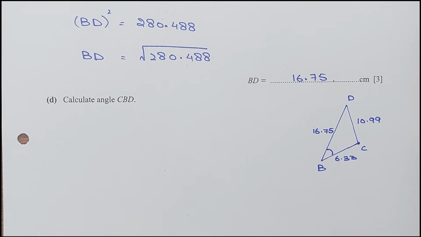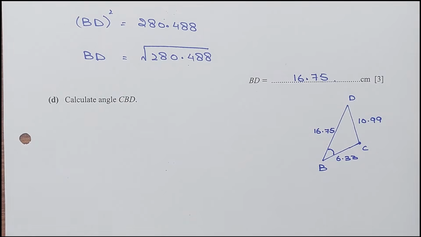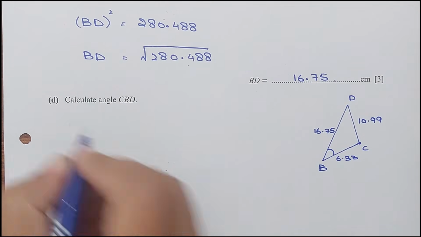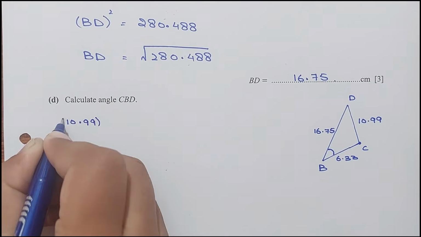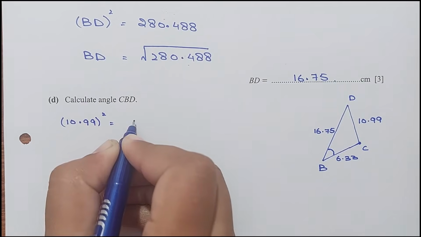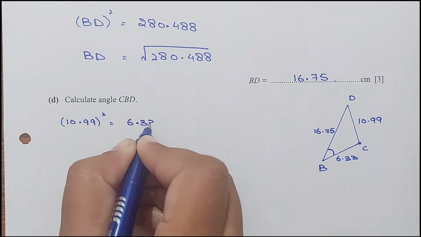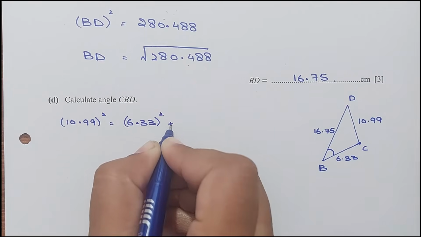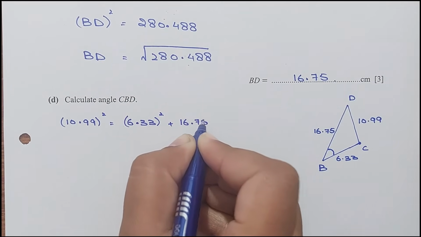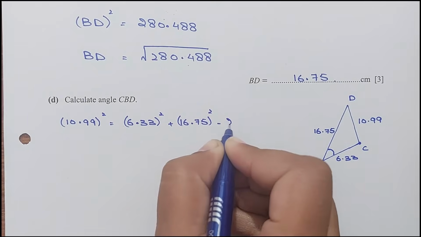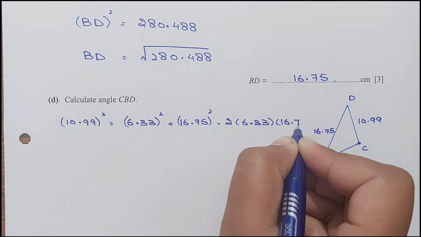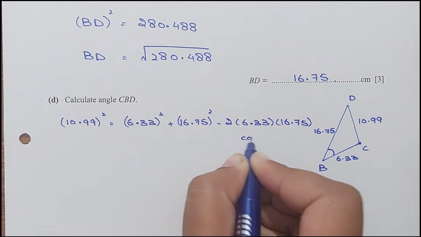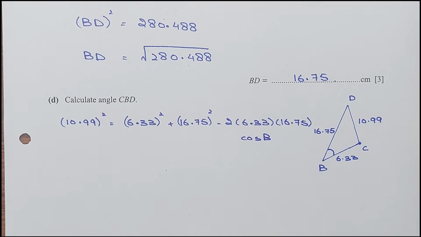This angle we have to calculate, right? So we have all the three sides. We have to find one angle. Let me apply the law of cosine over here, right? The front side of that angle is 10.99 square. This would be equal to the two sides, which is 6.33 square plus 16.75 square, minus 2 times the two sides and cos of angle B, we can say this, right?